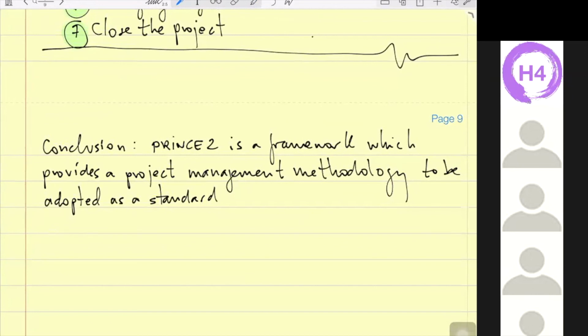Okay, it overall provides a project management standard. Okay? Any questions? Any questions?